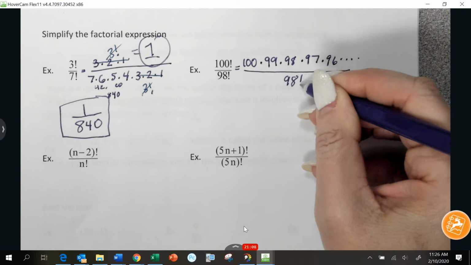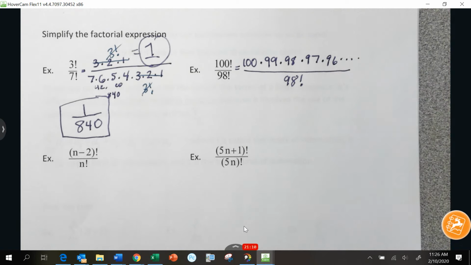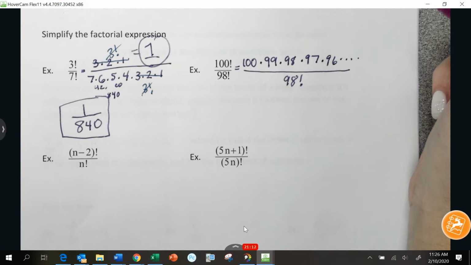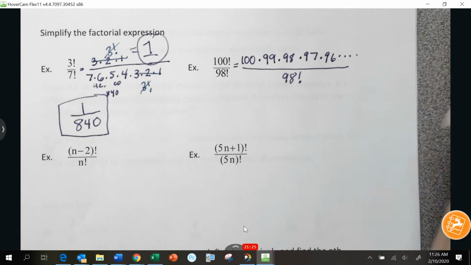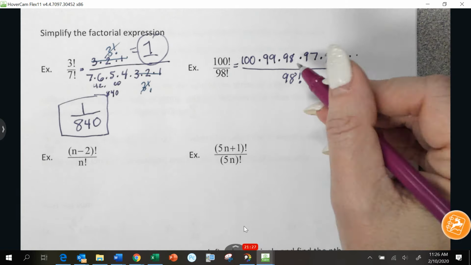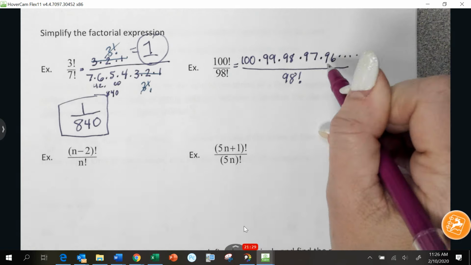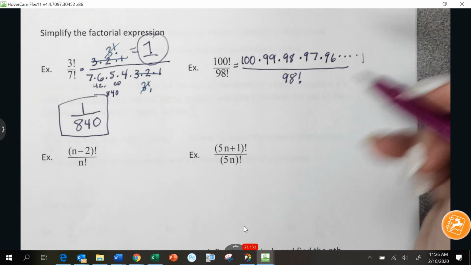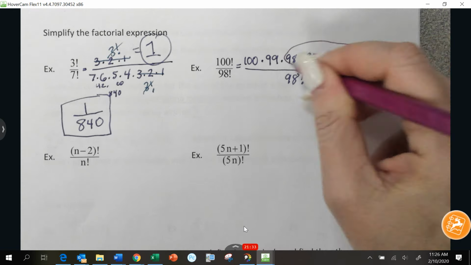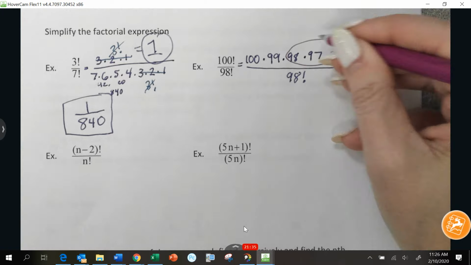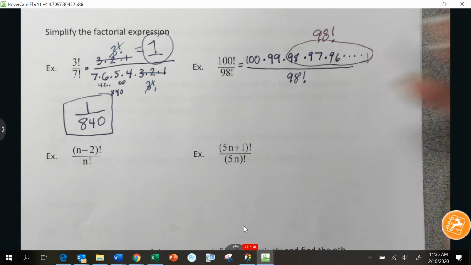You can just do 100 times 99 times 98 factorial, and over 98 factorial, to cancel out. What? I didn't hear the last thing you said. Sorry. They cancel out. Okay. So what is 98 times 97 times 96 all the way down to 1? What is this right here? This is 98 factorial, right?